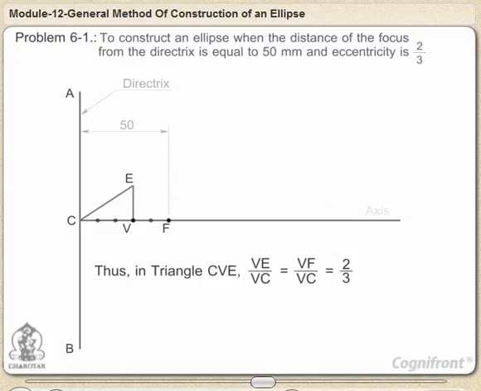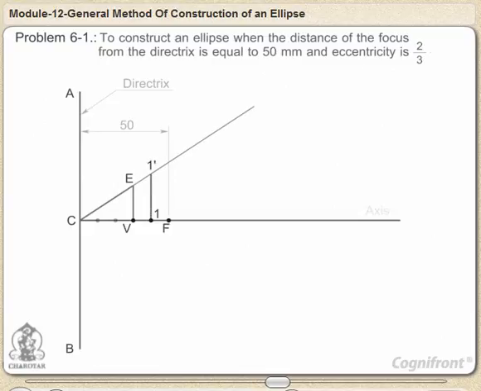Mark any point 1 on the axis and through it draw a perpendicular to meet CE produced at 1 dash. With center F and radius equal to 1, 1 dash, draw arcs to intersect the perpendicular through 1 at points P1 and P-1.